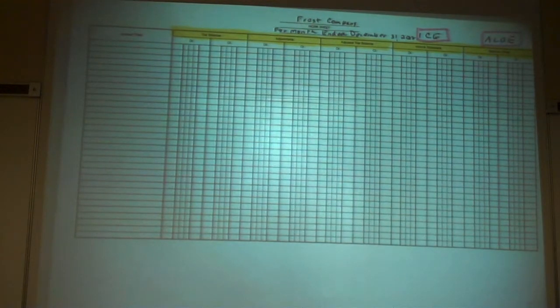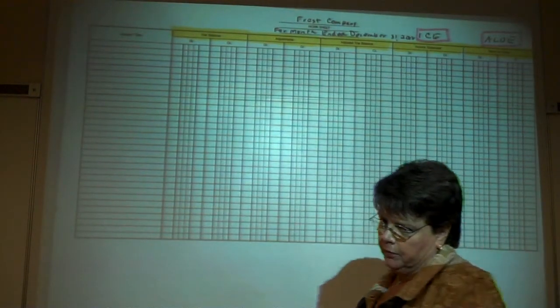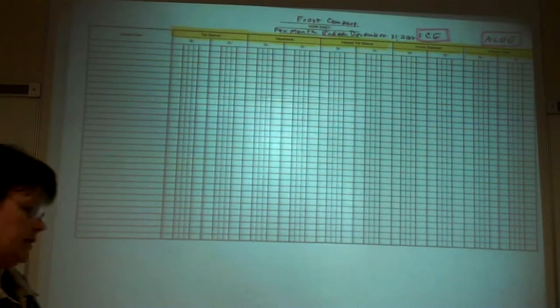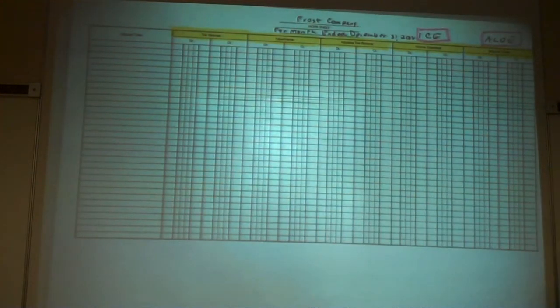On page 142 in your book, we had a list of the adjustments that we needed to make on the worksheet. When we're working through the worksheet, the problem has to give us some information.